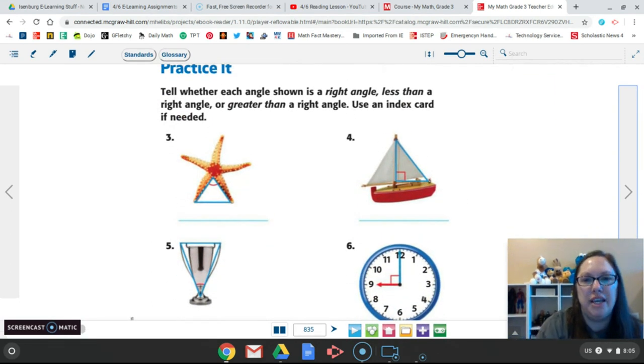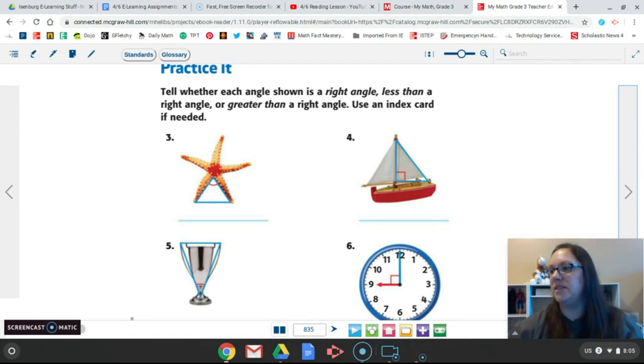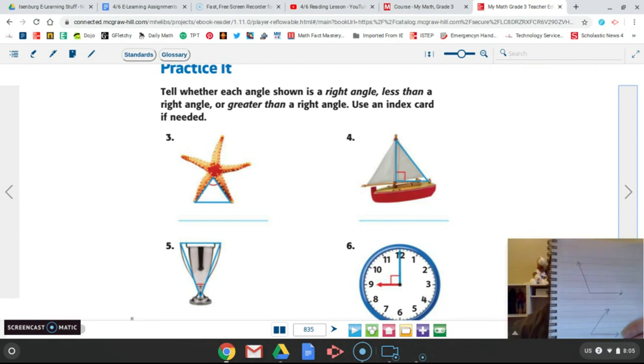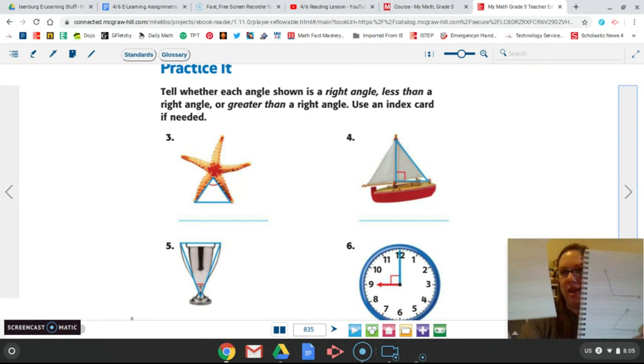We want to know if each angle is greater than, less than, or equal to 90 degrees. So what you can do, and they show this in your book, is you can use an index card or even the corner of a piece of paper to decide if an angle is greater than, less than, or equal to a right angle. So you see I have some angles on my paper. Okay, and then I got another piece of paper.